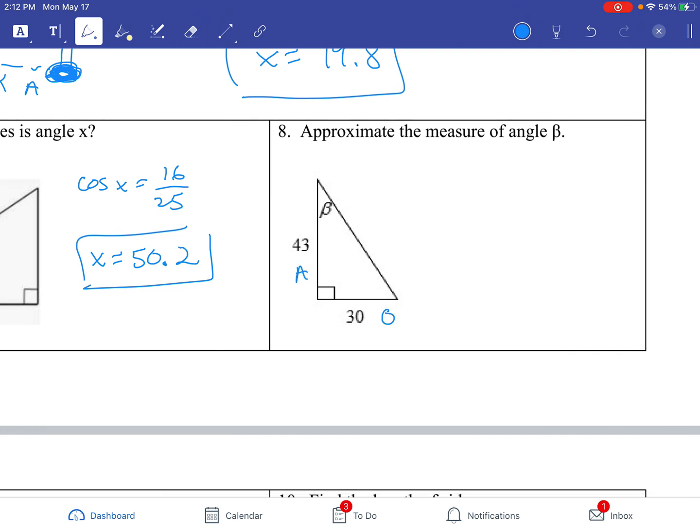Here we have the opposite side and the adjacent side of this angle. So the cosine of beta is equal to the opposite over the adjacent. So the inverse cosine is 30 divided by 43, and beta equals 45.76.